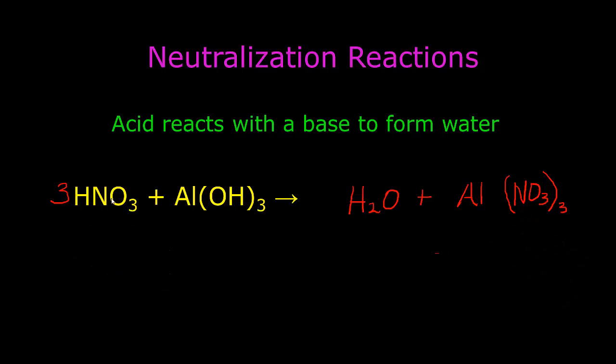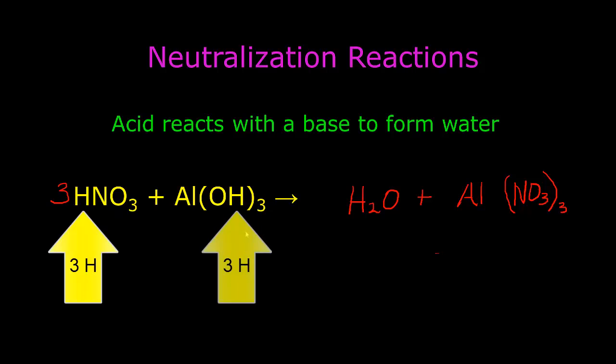Now remember, we've already accounted for this oxygen in our NO3, so we're not going to account for it again. Let's do our hydrogens first. We have 3 hydrogens here, and we have 3 hydrogens here. So 3 plus 3 is 6, and we have 2 hydrogens here. So I need to put a number in front here to make 6, and that would be a 3, because 3 times 2 is 6.